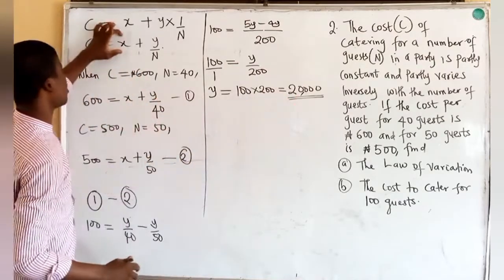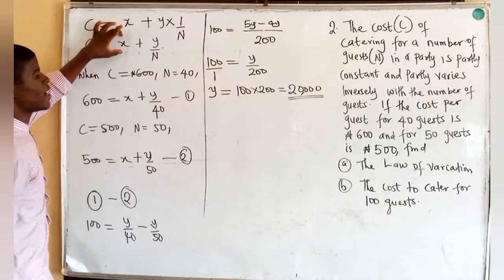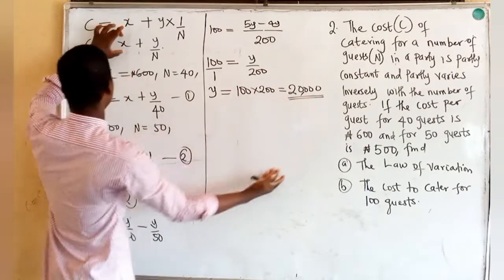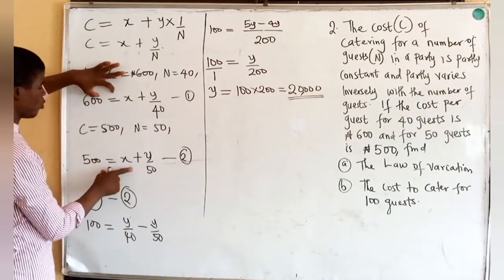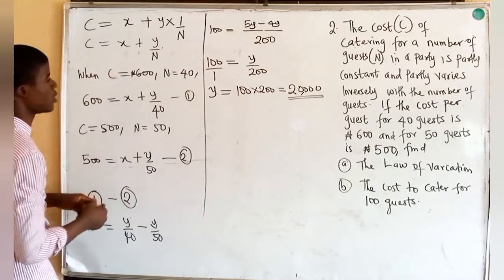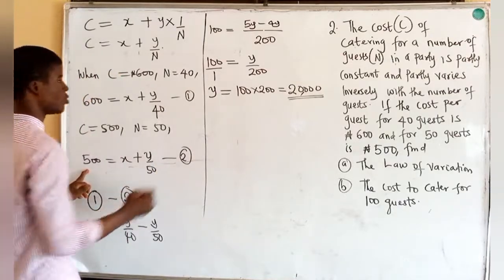We will now get the value of x, the second constant, by substituting this value 20,000 into either equation 1 or equation 2. Let's substitute into equation 2.